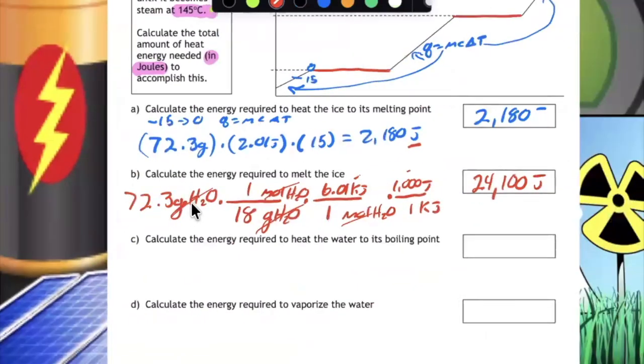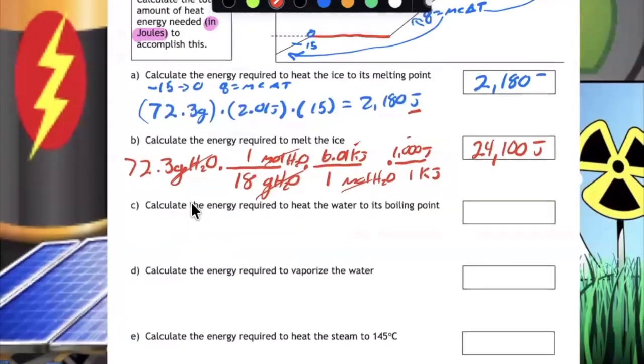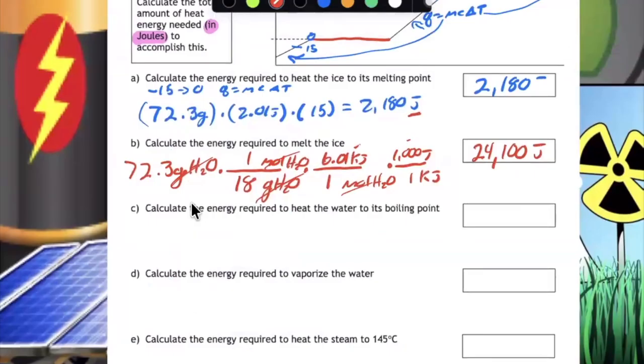If you can do those, you're good. The rest of them is just sort of repeating our work. So now what I want to do is go from 0 to 100. Okay, and to do that, I'm going to do Q equals MC delta T. And so I'm going to do 72.3 for my M. C is going to be water, which is 4.18 for joules.